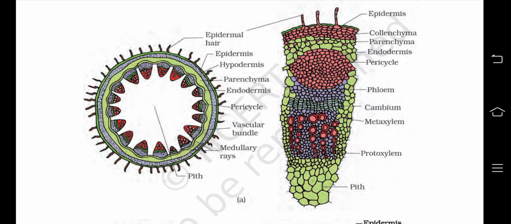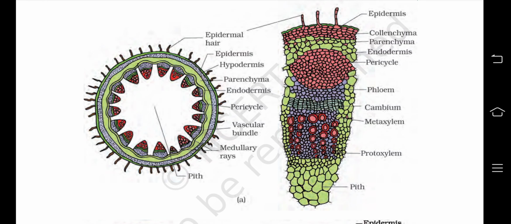A magnified view is present on the right side, which is showing epidermis, and epidermis is actually covered with a thin layer of cuticle, and it may bear trichomes and few stomata as well. Then comes the hypodermis, which is made of collenchyma cells.